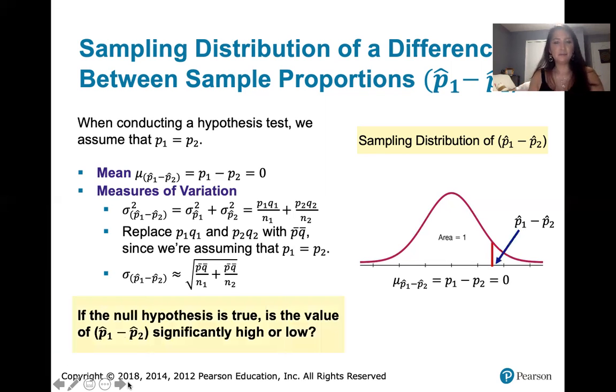And then again, remember, whenever we are conducting a hypothesis test, the question is this: if the null hypothesis is true, is the value of P1 hat minus P2 hat from our samples significantly high or significantly low? If that difference is significantly high or significantly low, given that the null hypothesis is true, we're going to say maybe the null hypothesis isn't true.